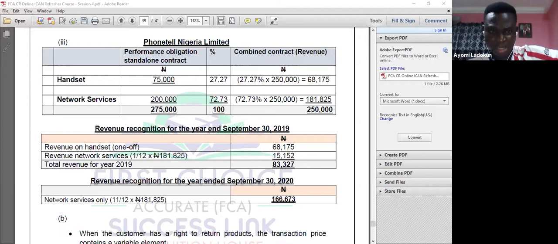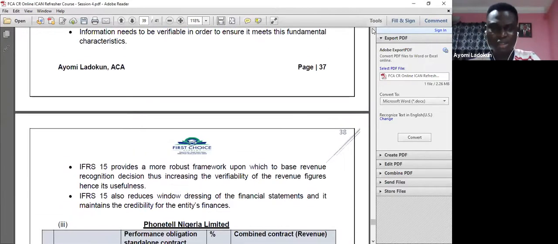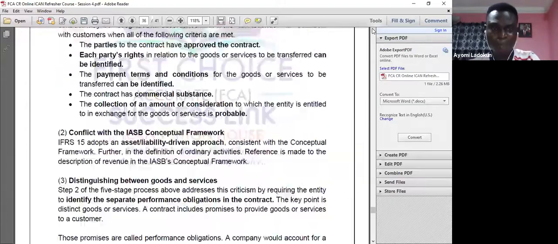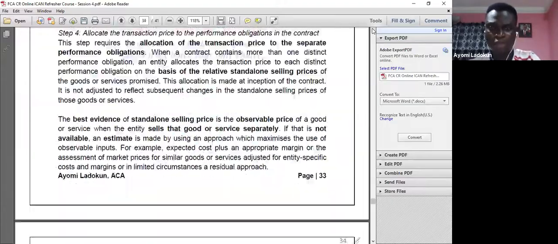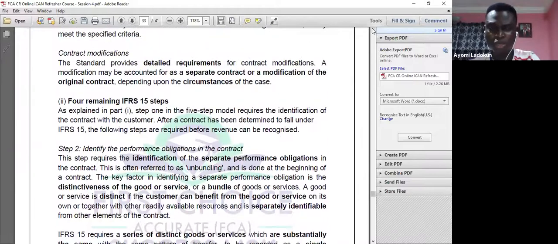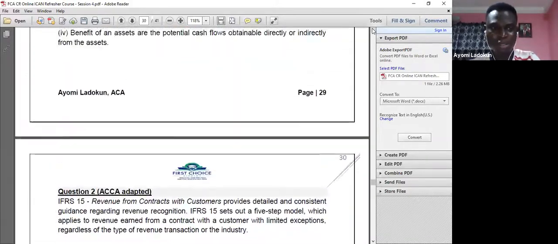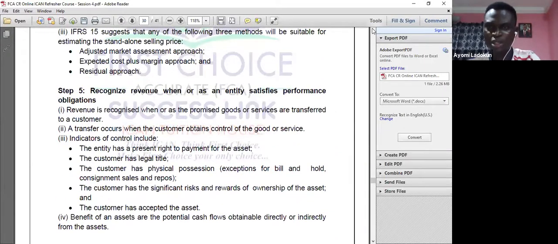IAS 19, the last question, the contribution was added. Which question is that? What's the name of the question? I wanted to use this last time to explain two more standards without the notes, but if you have questions, no problem.